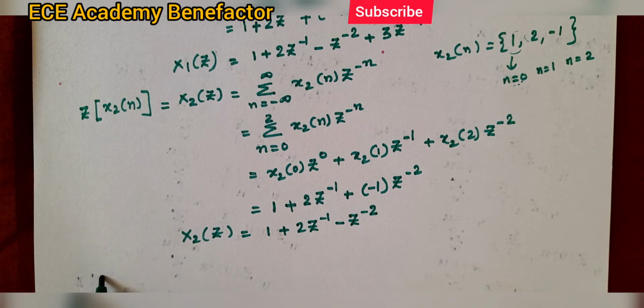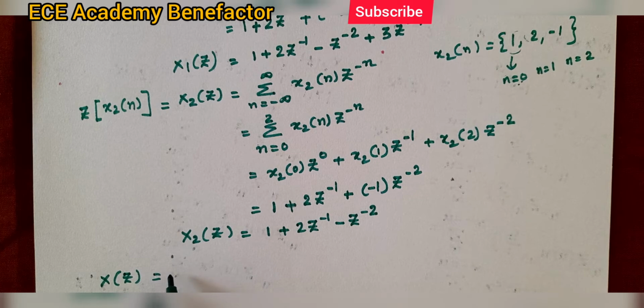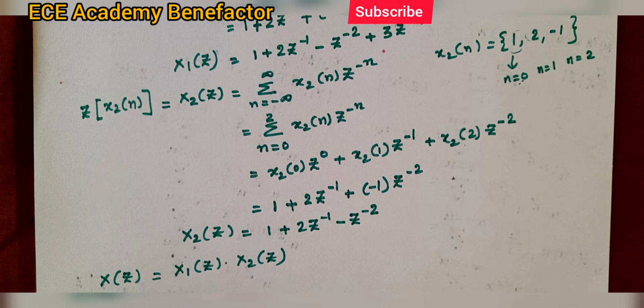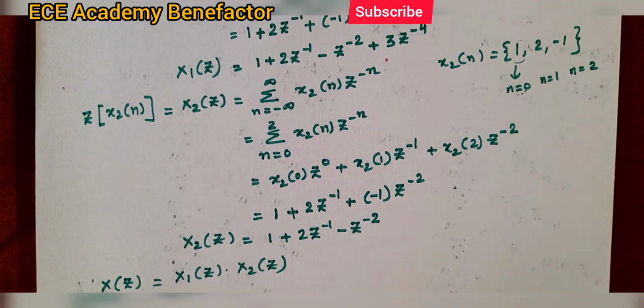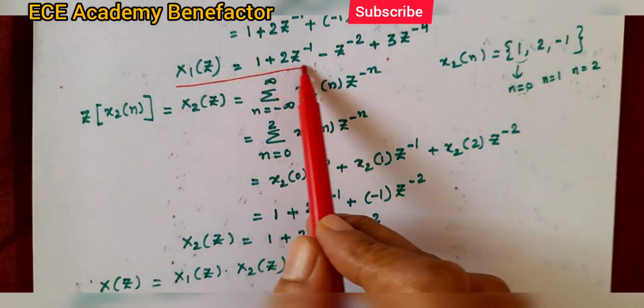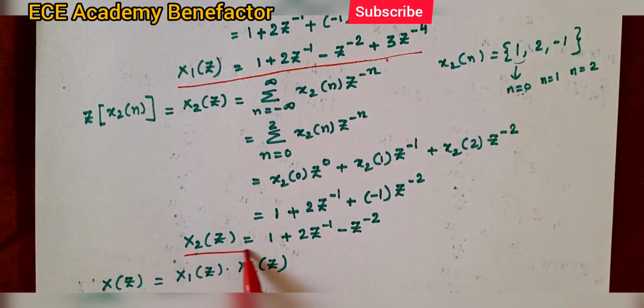So we can get capital X of z by the convolution property. For the z transform, what is it? x1 of z dot x2 of z. Okay. So write what is x1 of z terms we got? We got it here, x1 of z, and this is x2 of z.